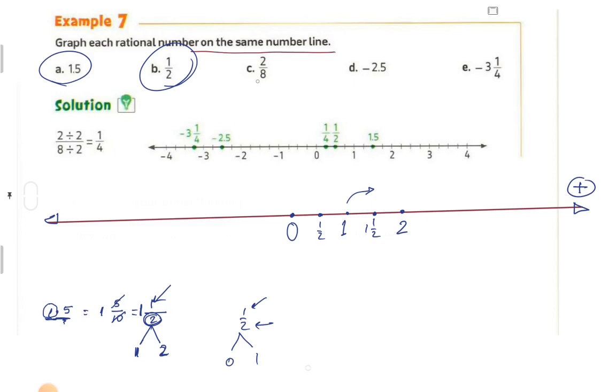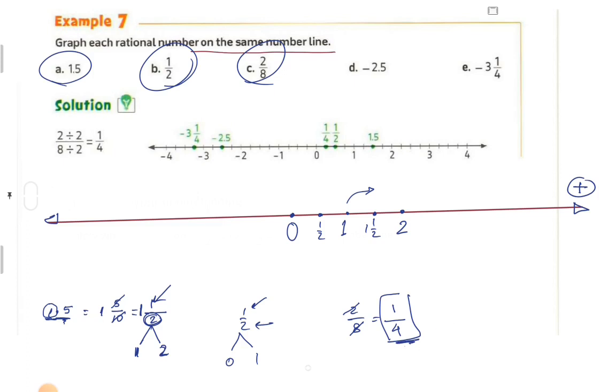Okay. 2 over 8. It's a proper fraction, but it's not in its simplest form. We have to simplify it: 2 over 8, divided by 2, equals 1 over 4. It's a quarter, right?